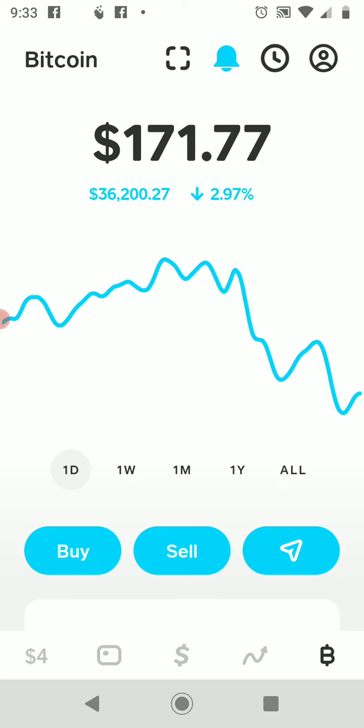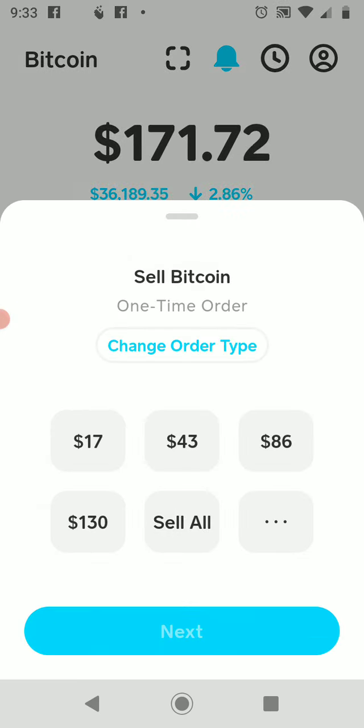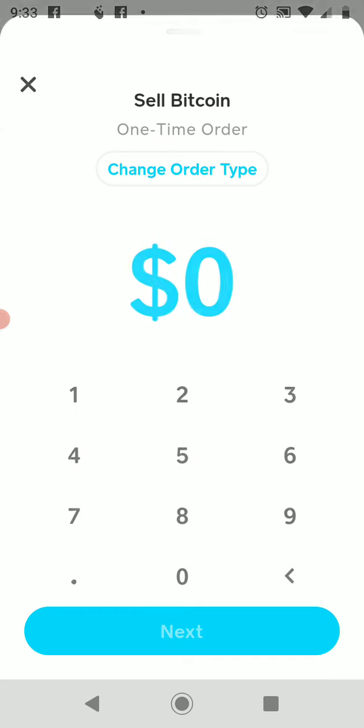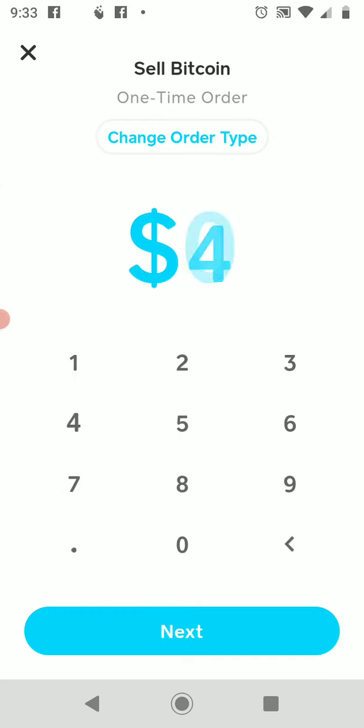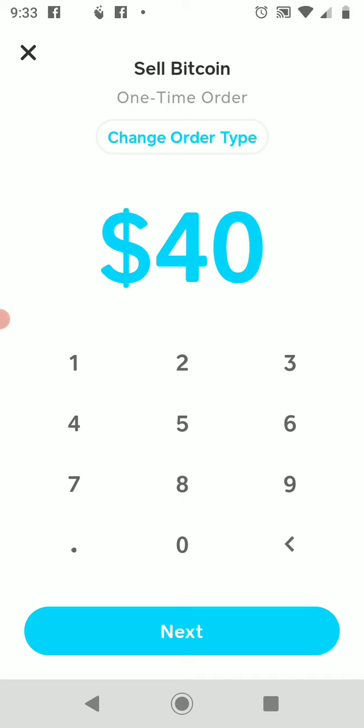To cash out your profits for that 4%, you hit that middle blue button at the bottom, the sell button, and then you choose the amount you want to sell. If you don't see it on the page there, you hit the three dots. You enter $40 there, hit next, and then it will ask you to confirm the amount.